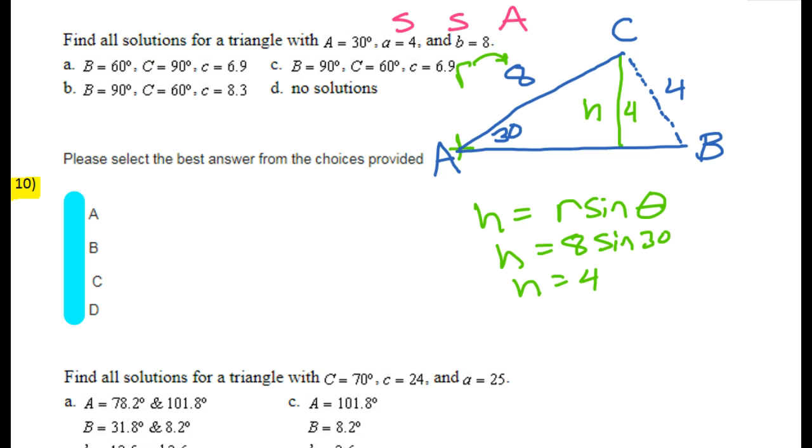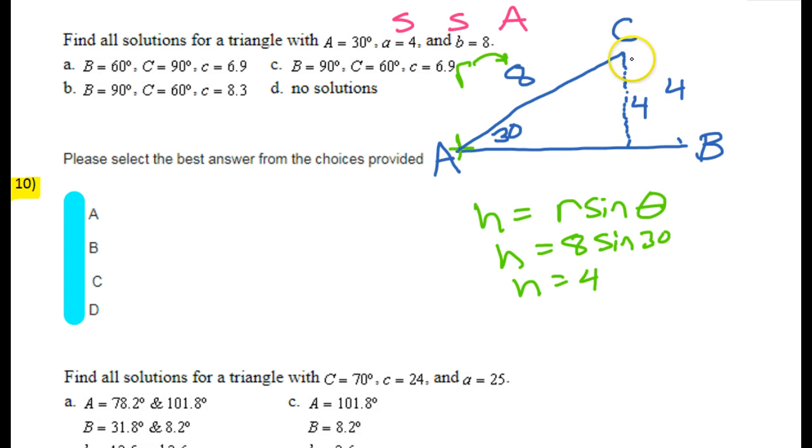So that means, sure, the rope will reach the ground, but the only way it's going to reach the ground is if we hang the rope straight down. It's just barely long enough to reach, exactly equal to the height.